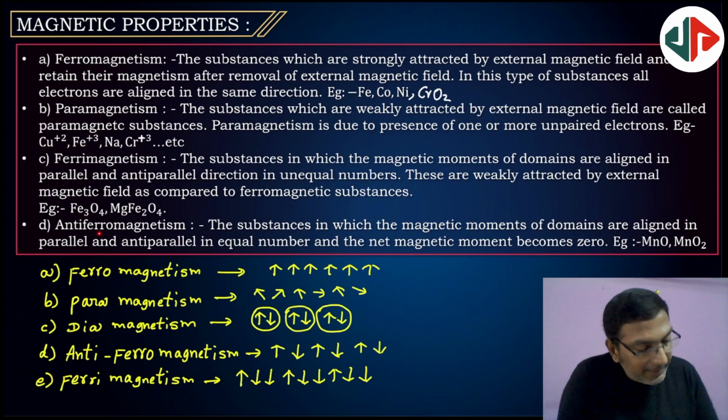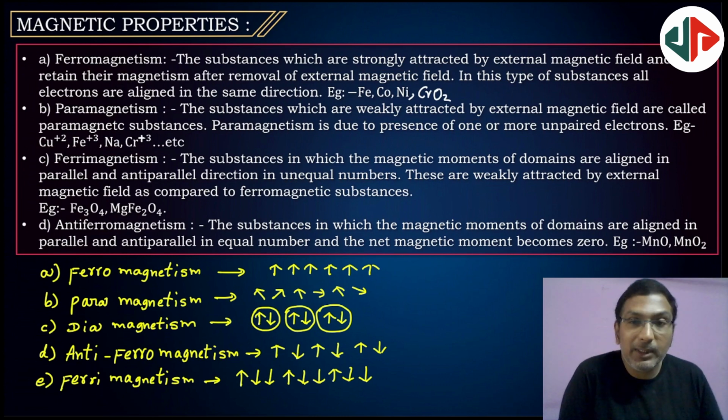Next, antiferromagnetism. So here electron domains are arranged with equal number of upward and downward domains. So net dipole moment will be equal to 0. Remember these 5. Ferromagnetism, strongly attracted by external magnetic field.